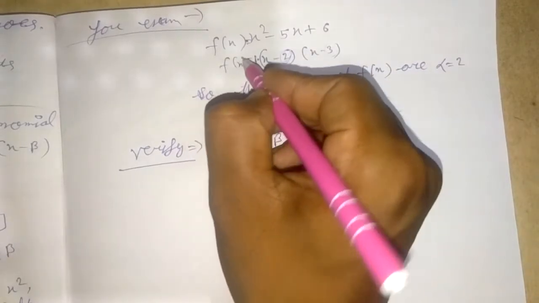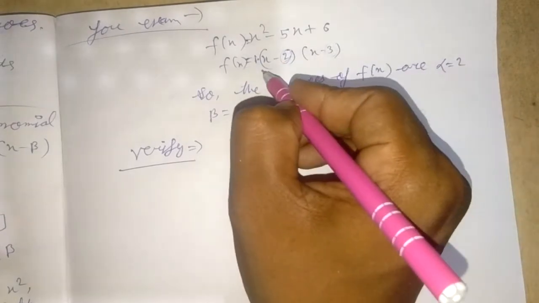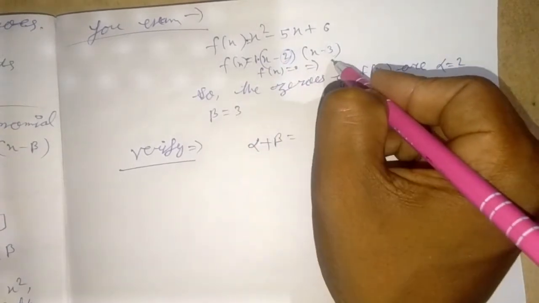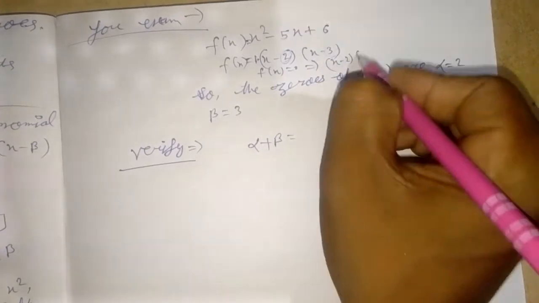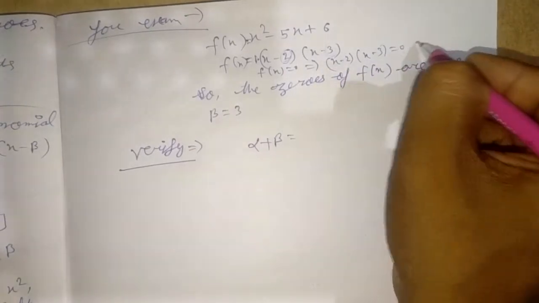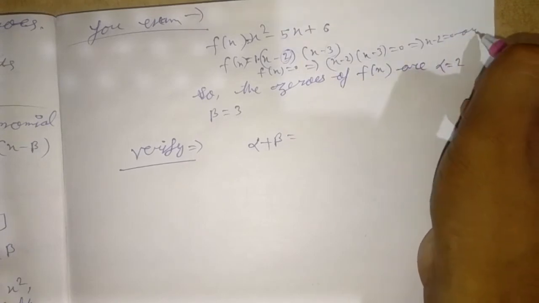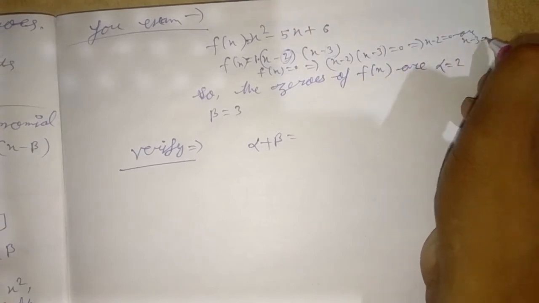One thing is left out: for obtaining zeros, f(x) is equal to 0. This implies that x minus 2 times x minus 3 is equal to 0, so x minus 2 is equal to 0 or x minus 3 is equal to 0.